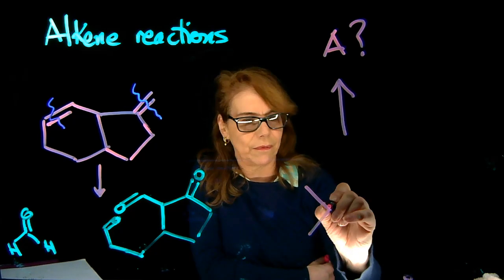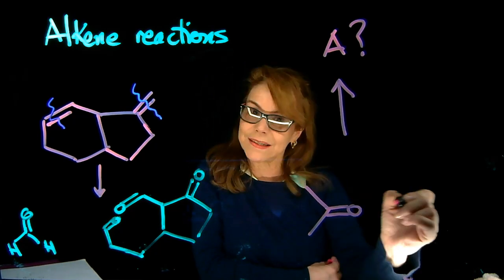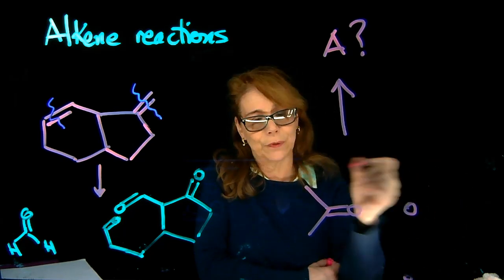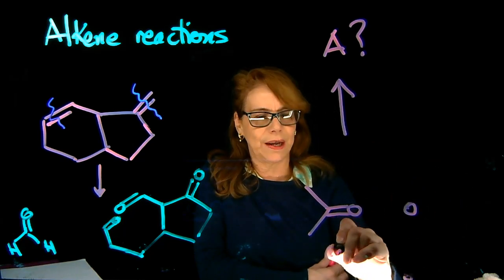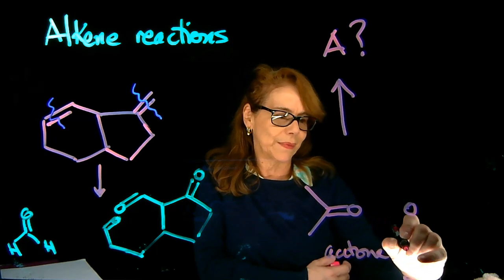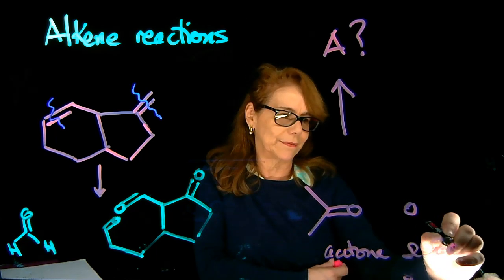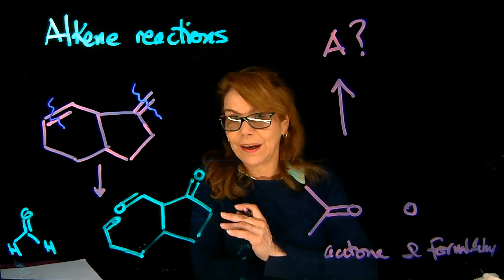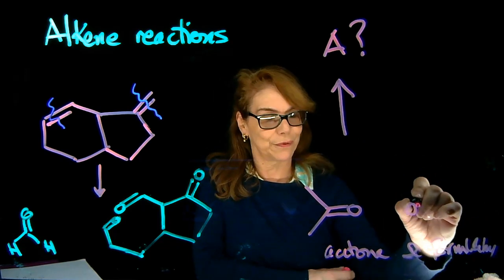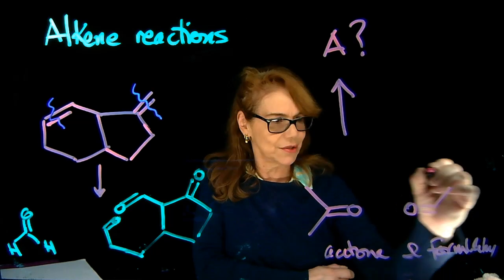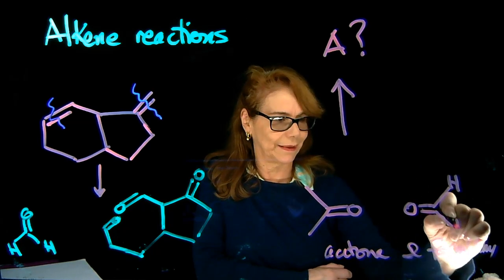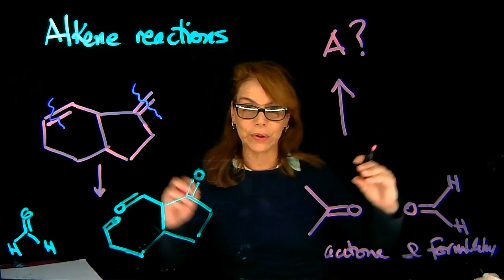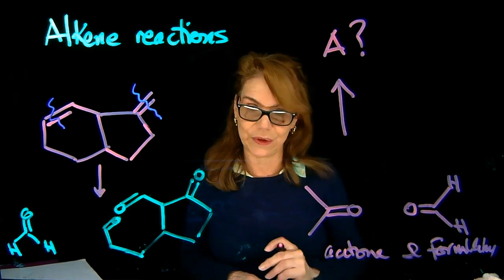Say the problem says, for example, you obtain acetone and formaldehyde, and you didn't have the structure. So you draw the structure first: acetone, formaldehyde. To see what was there, all we need to do is connect here and remove the oxygens.